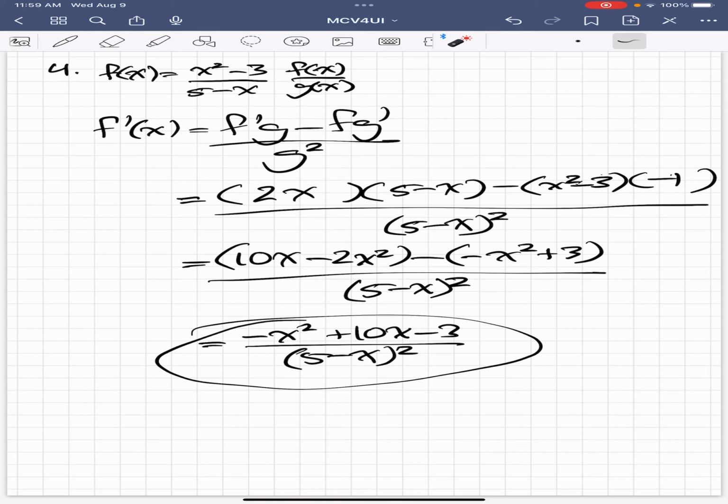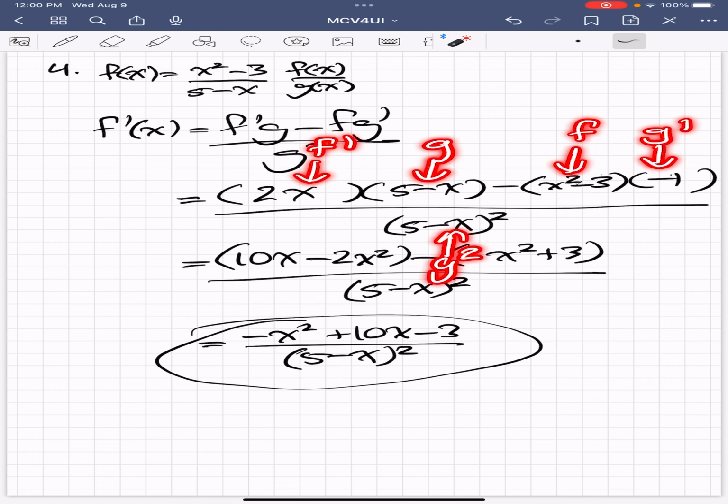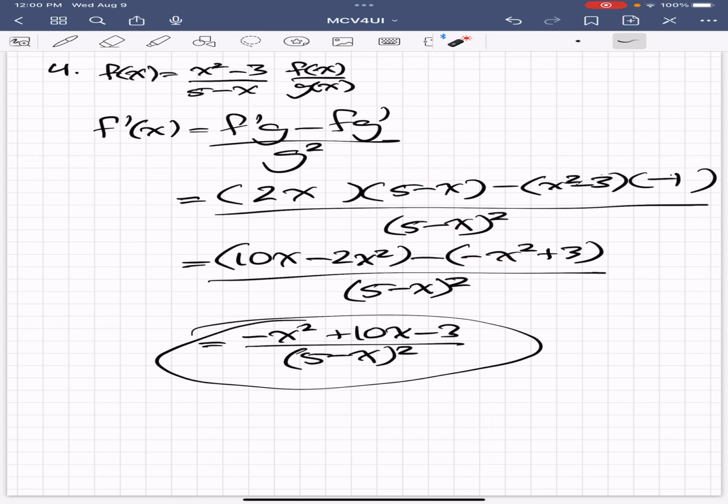Okay, let me explain what I did here. I inputted the numbers into the formula, the correct variables in the correct f and g. And then I multiplied, or expanded out.